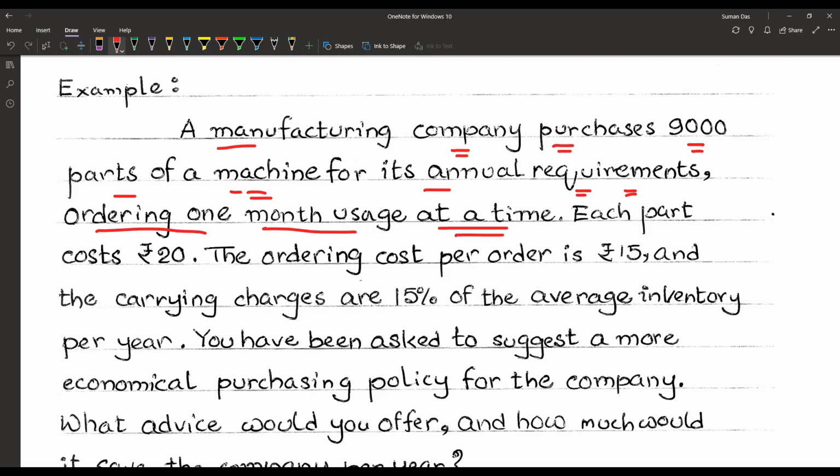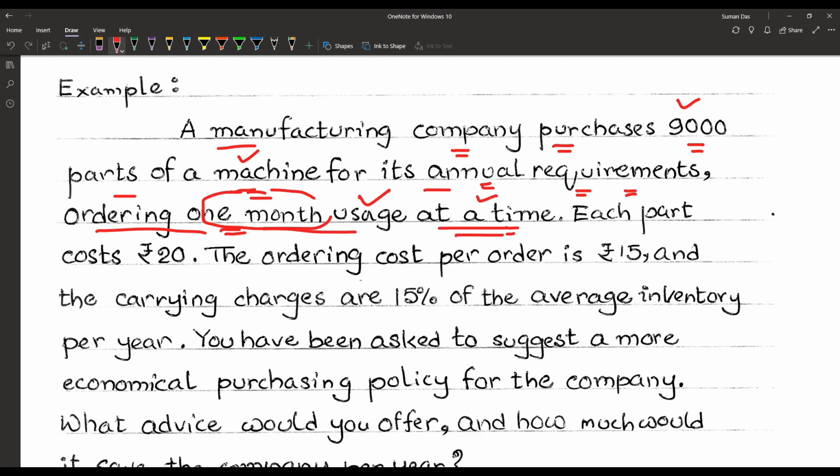That is the difference from model 1A to model 1B, because 9,000 parts is for its annual requirement, but ordering 1 month's usage at a time means the demand rate is not uniform here, because the time intervals or cycles are 1 month, not 1 year.